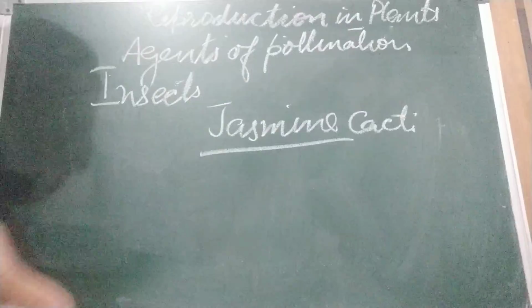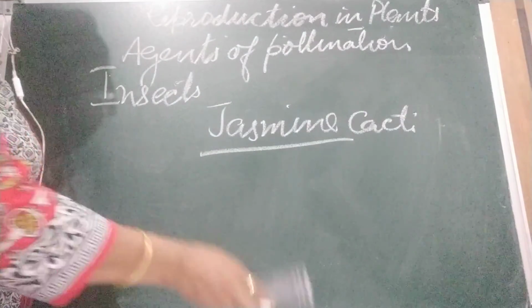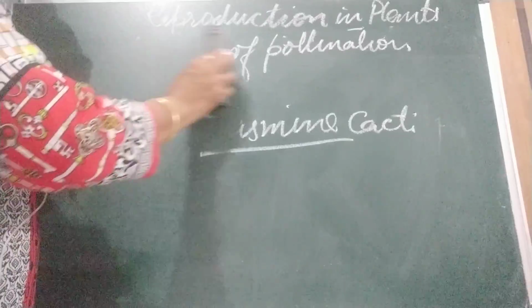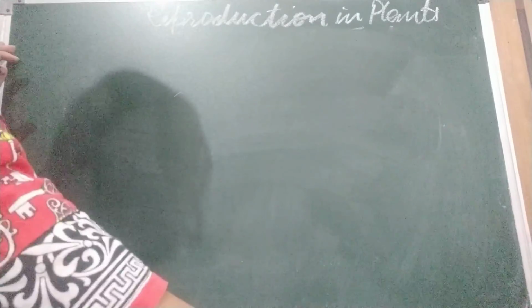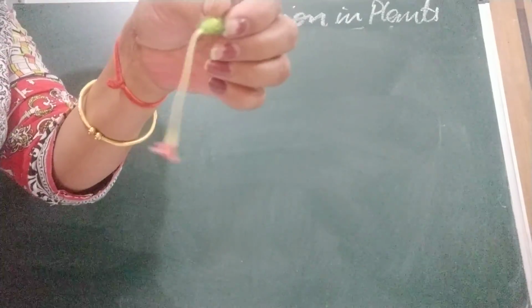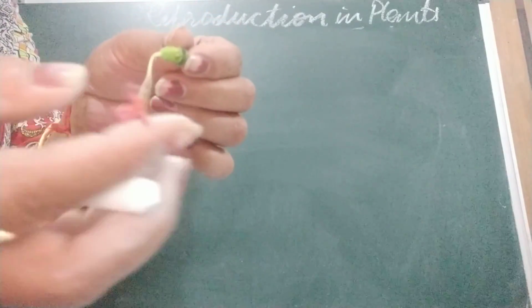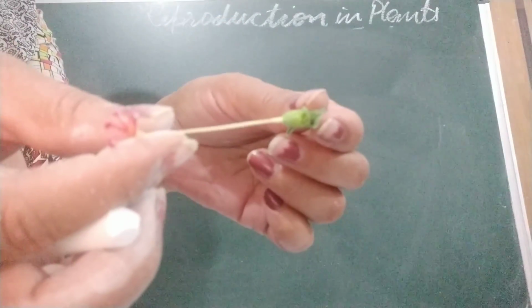Okay? Nocturnal insects. Now children, what happens after pollination has taken place? Pollen grains have reached the stigma. I am showing you, just see. This is stigma, style, ovary. The red one is stigma, the white one is style, and the green is ovary.